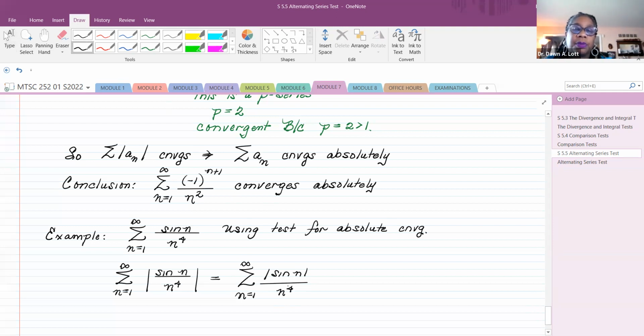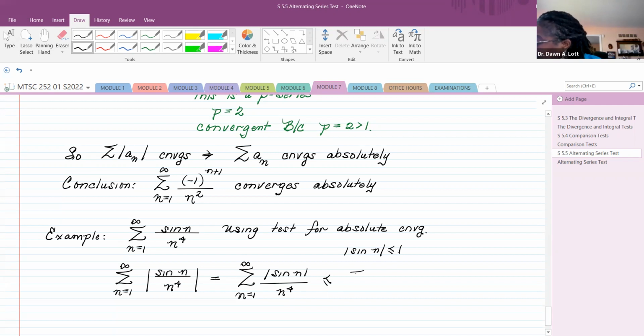It's less than what number? Sine goes between what and what? Come on, y'all know this. Absolute value of the sine of any number is always less than or equal to 1.